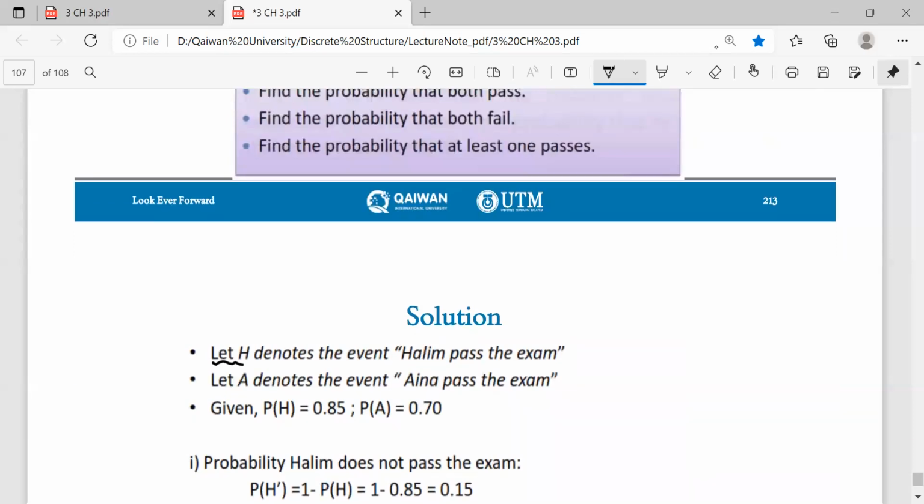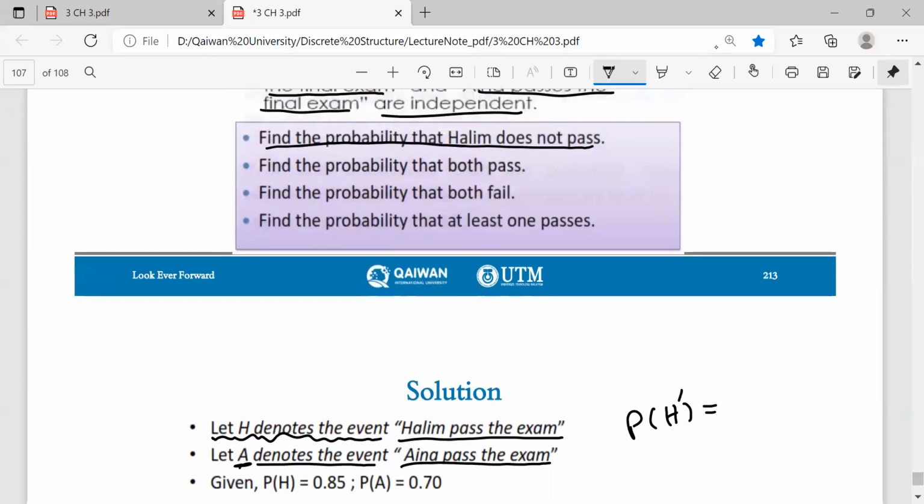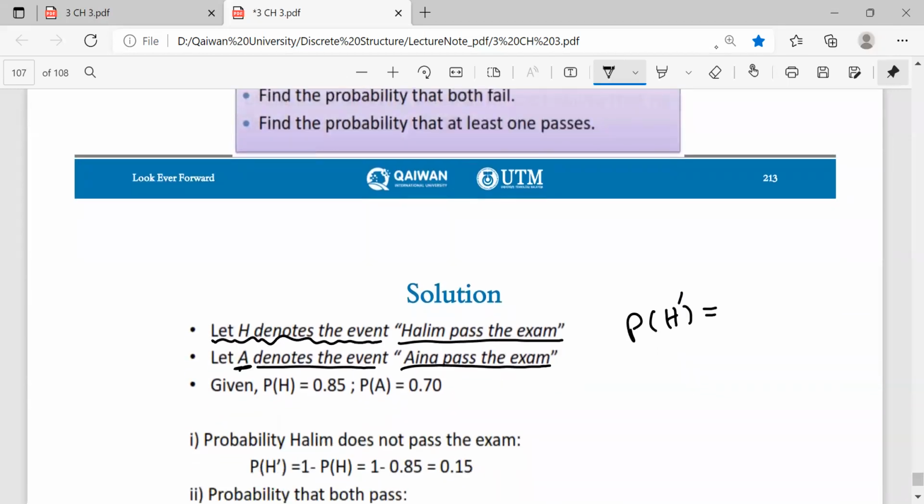Look here, we let H denote the event Halim passed the exam, and A denote the event Aina passed the exam. You have two events, okay? Halim passed the exam and Aina passed the exam. In the first question, it asks about finding the probability of H complement.